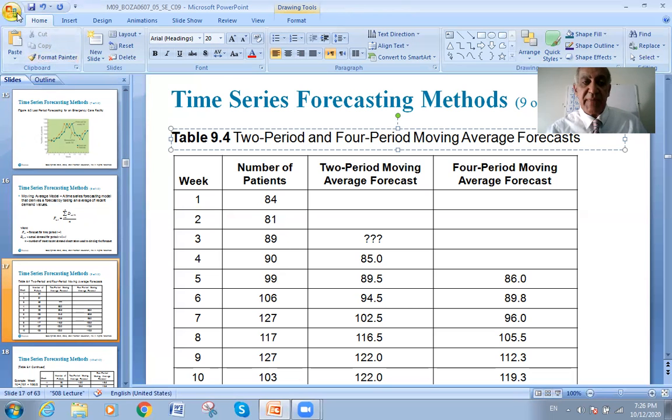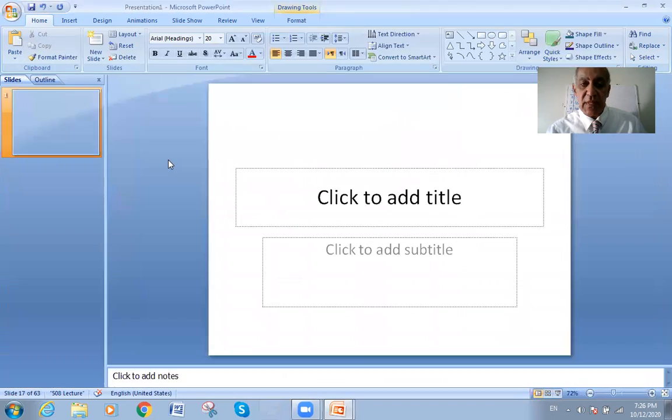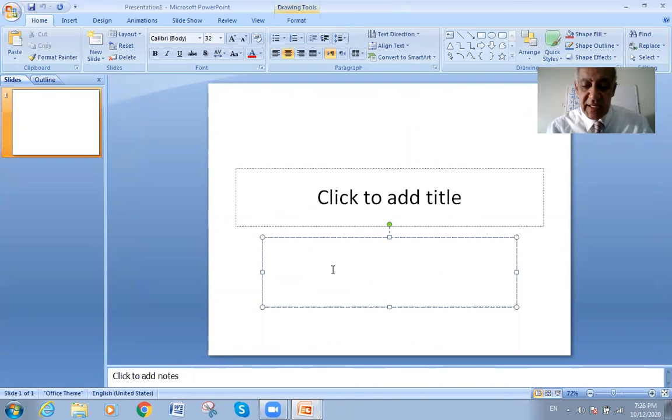Let's say on a white page here, as an example, 81 plus 84, then those together divided by 2. 81 plus 84 gives 165, divided by 2 will give me 82 and a half.